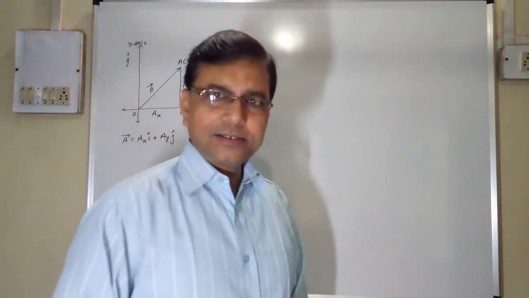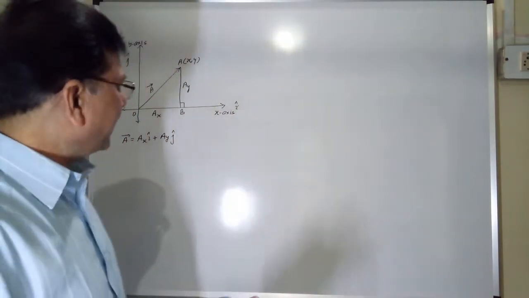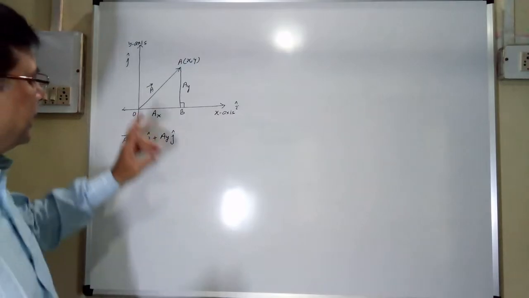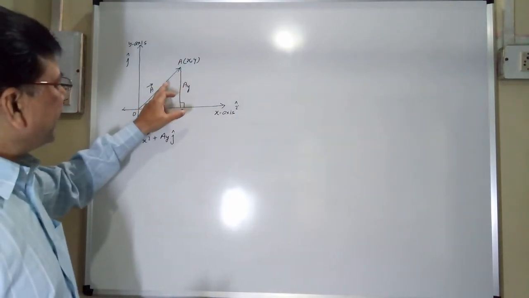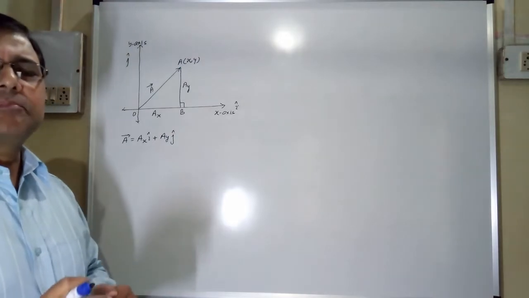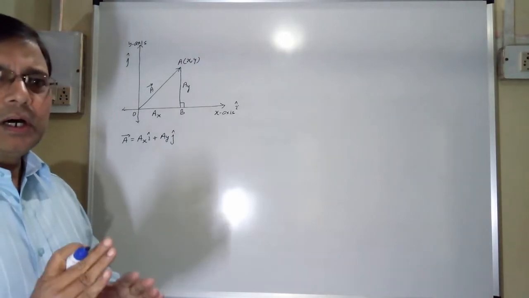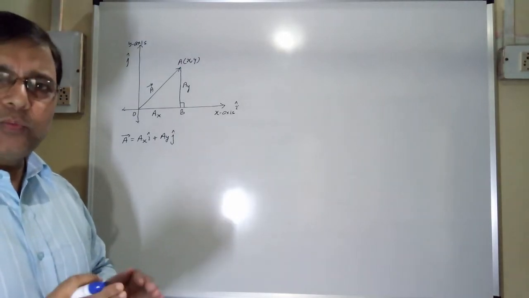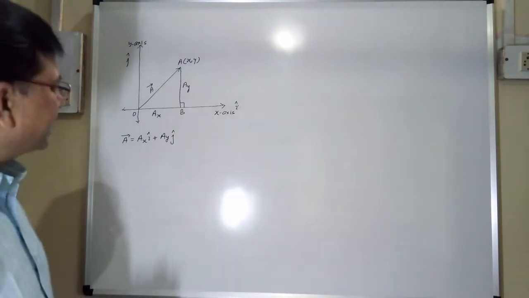In the last lecture, we saw that any position vector A can be represented as the sum of two vectors which are perpendicular to each other.